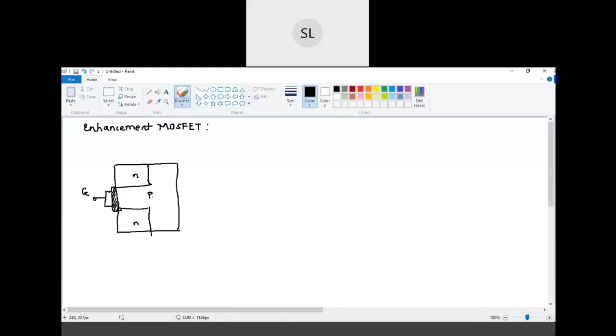There is a p substrate on which two n regions have been diffused, forming drain and source.